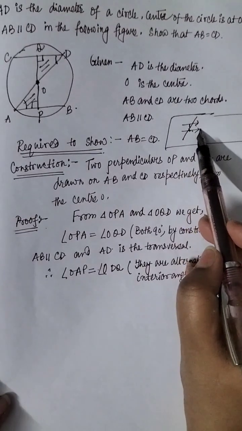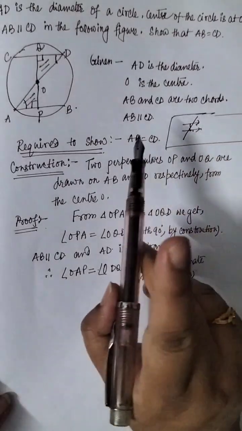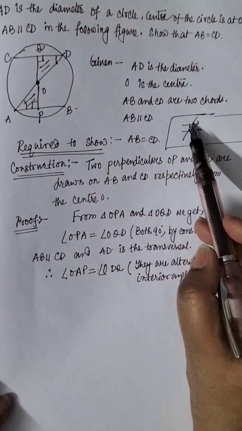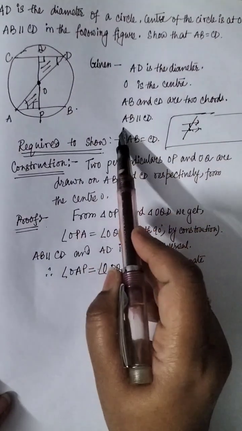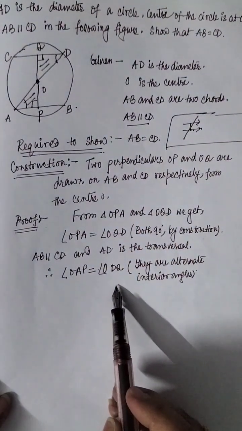If the lines are not parallel and the transversal cuts them, then alternate interior angles will also be formed, but they will not be equal in that case. They will be equal only when the straight lines are parallel to each other. But here the lines were parallel, it was given in the question. So obviously we can say the alternate interior angles are equal.